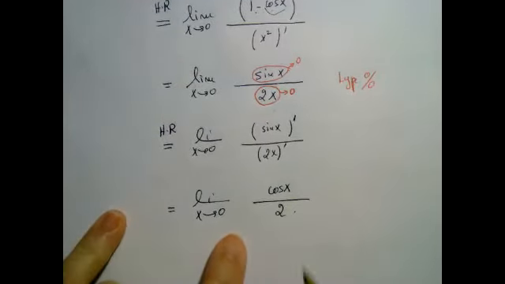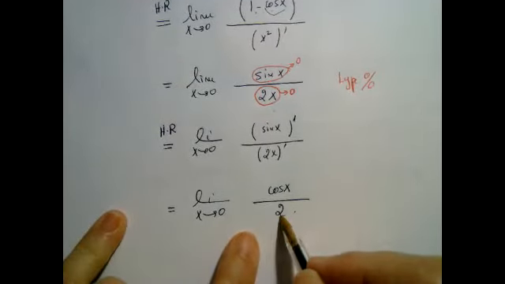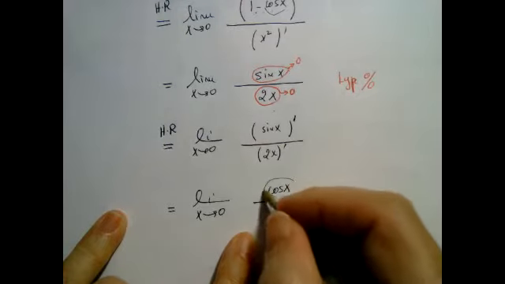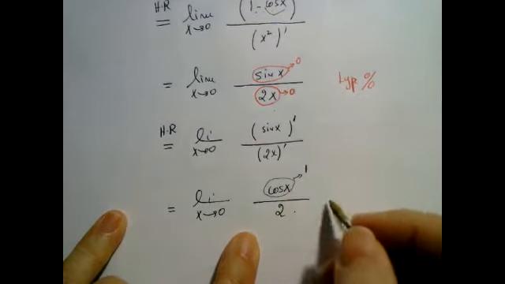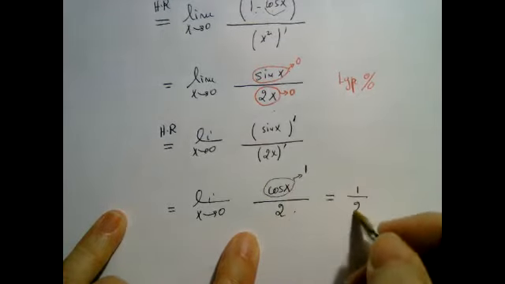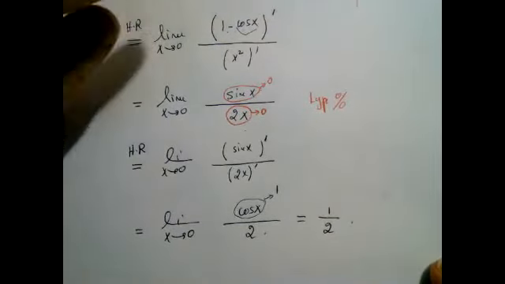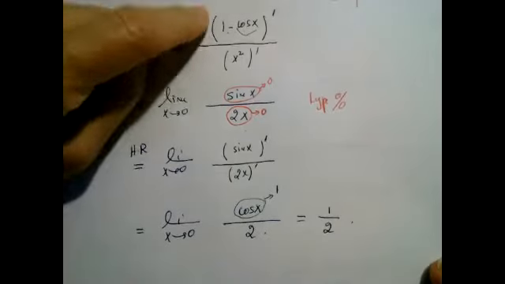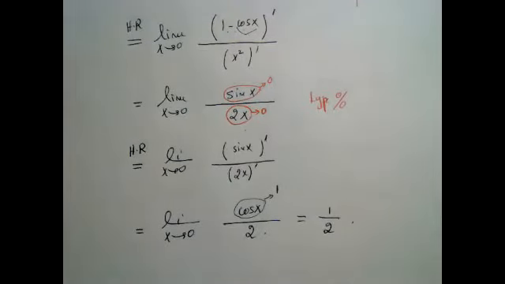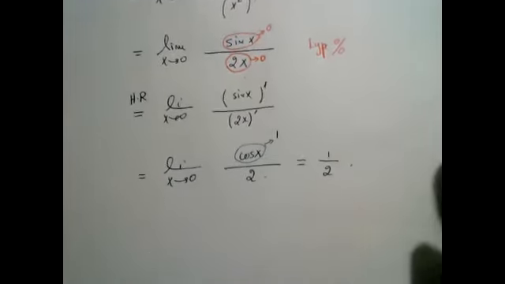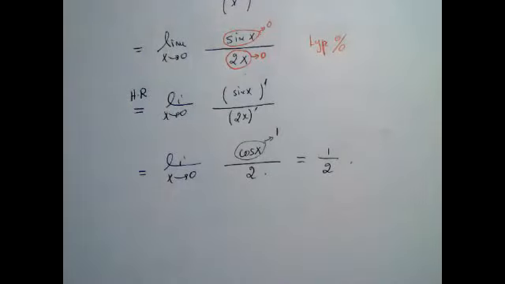Now we analyze. We're already safe because that's 2. And this one will become close to 1. This is equal to a half. So the limit of this expression, which is actually an expression that comes up a lot, is nothing more than a half. Okay. So that's really how we apply L'Hopital's rule.